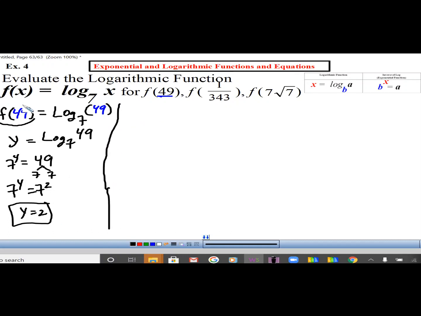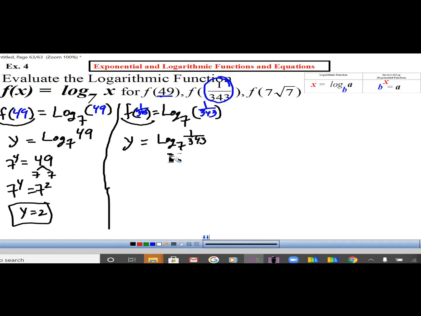Let's go to the next one. I'm going to rewrite the same function, f of x equals log base 7, and parentheses. The next value I'm going to substitute in there is 1 over 343. Okay, same steps. The function notation needs to be changed to what? To y. We've got log base 7 of the given number 1 over 343.